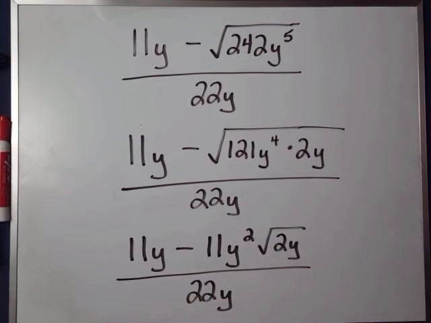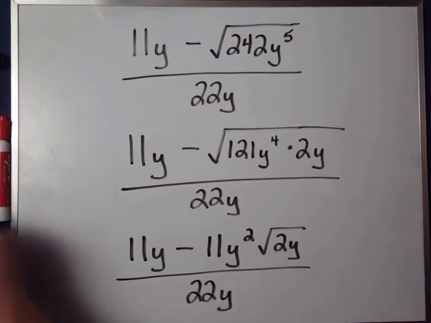And now that we have that done, we can check for lowest terms. There are 3 terms in total here. The 11y, the minus 11y squared square roots of 2y, this whole thing is a term, and our single term here in the bottom, 22y.